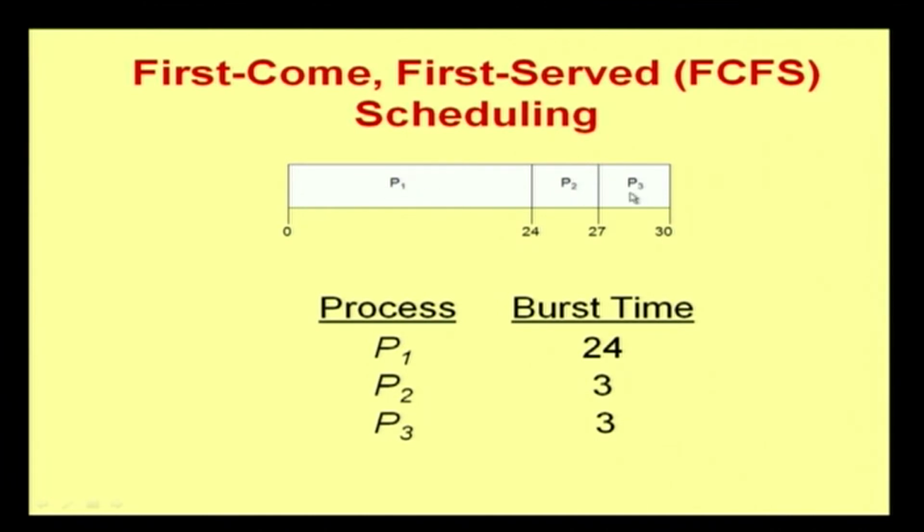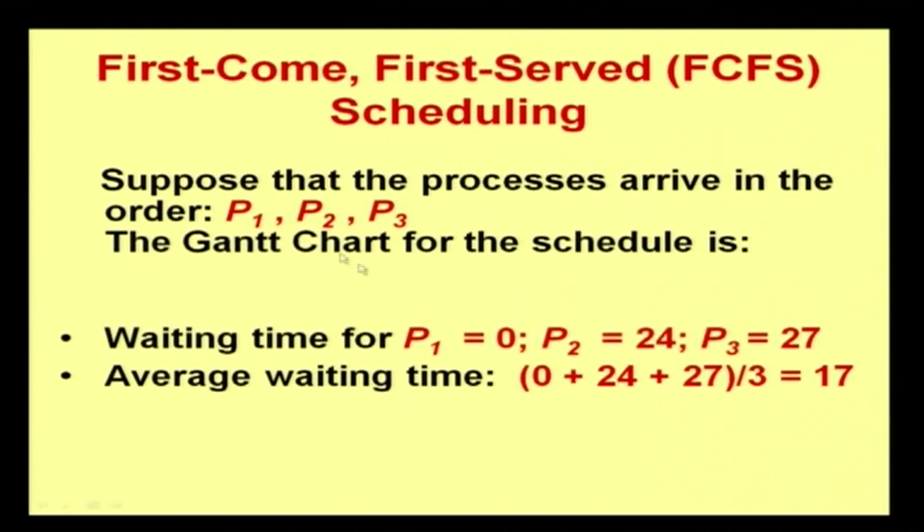Now let us find the average waiting time of each and every process. Here it is. For process P1, there is no waiting time at all, so it is 0. Process P2 is waiting for 24 milliseconds. Process P3 was waiting for 27 milliseconds. Average means the total divided by the total number of processes.